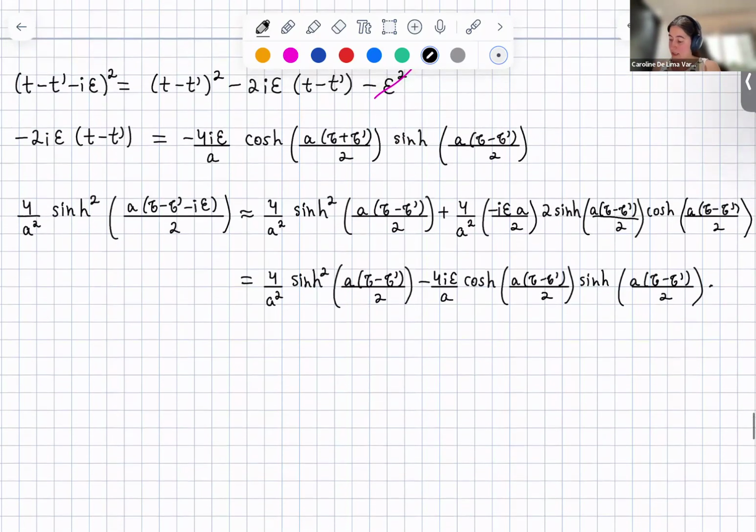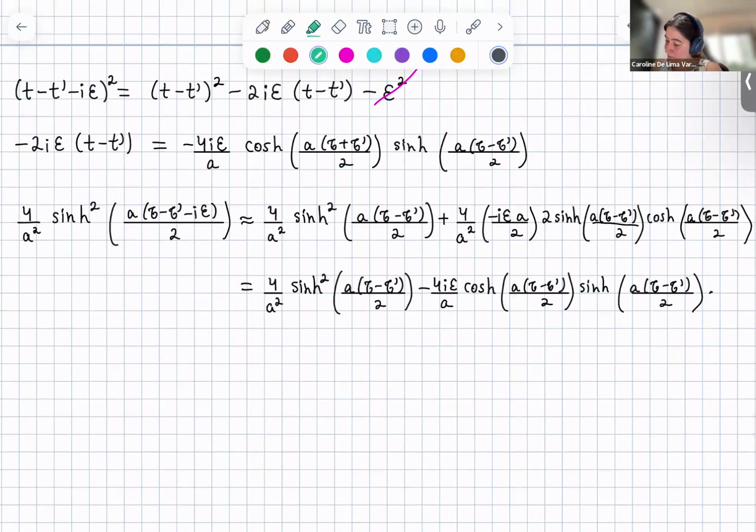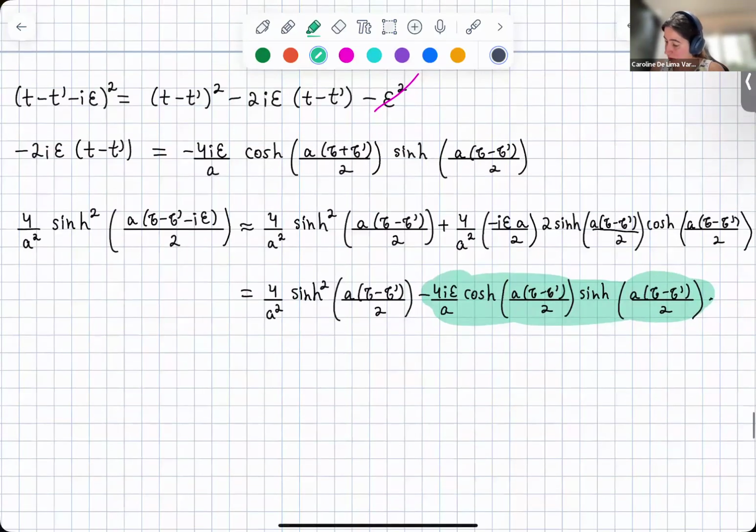Okay, so now if we compare this correction here with this other one, we're going to see that there is a small difference, right?